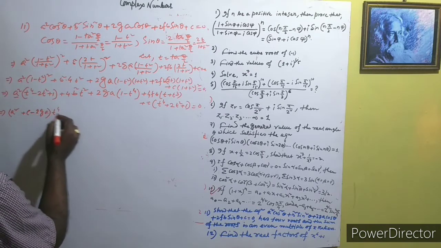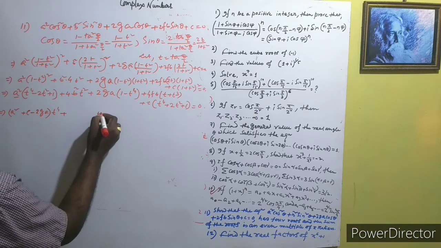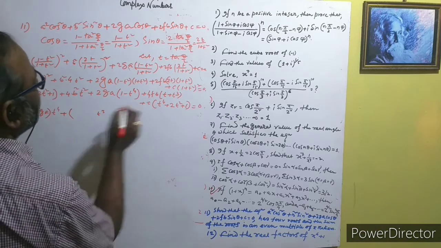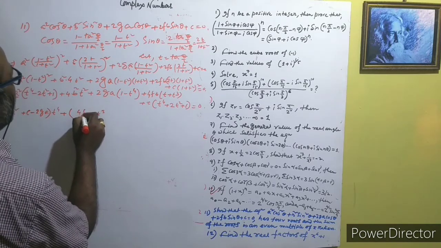Okay, right. Now take a common t cube here, so this is 4ab.